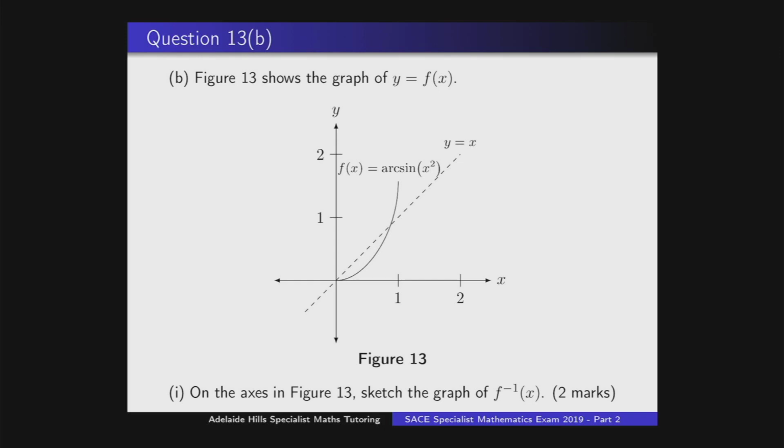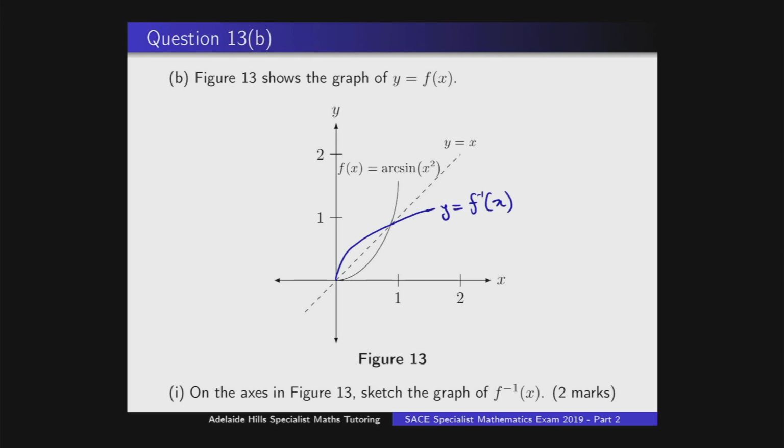So when we plot this graph, it's basically going to look like if you'd replace that dotted line with a mirror. And what you would see in the mirror is something that looked like that, maybe a little bit more. And so that would be y equals f inverse of x.